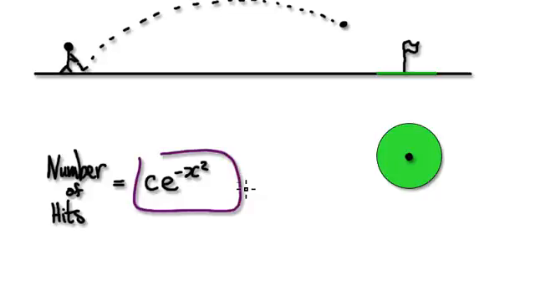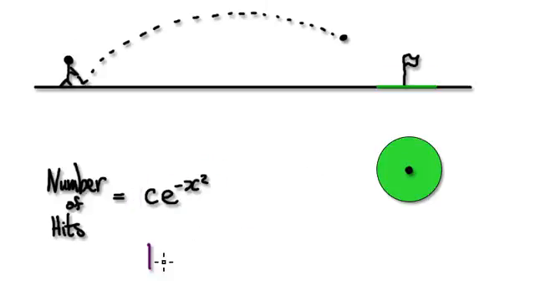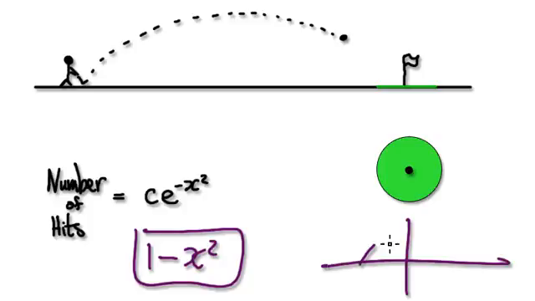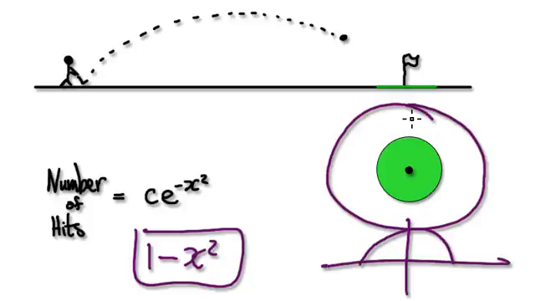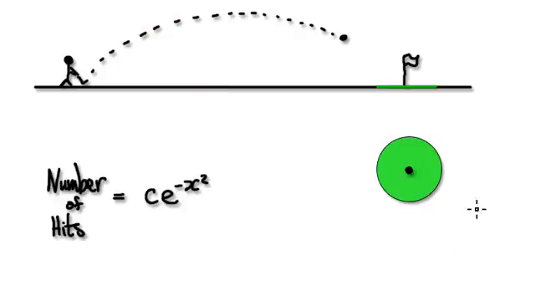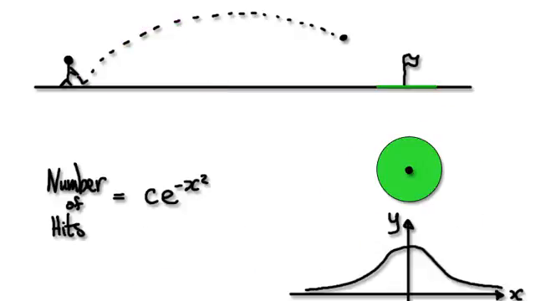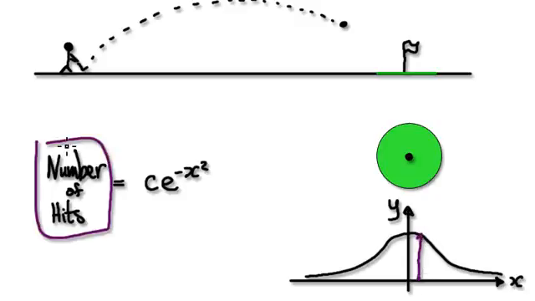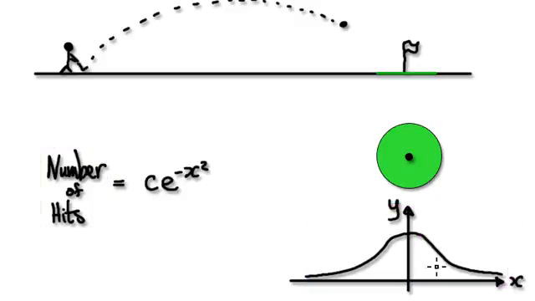This 1 minus x squared model here is just rubbish. It's forcing you to land within this region here. It doesn't take into account that it might land around here. But the important point in the last video is that the height here represents the number of hits, the frequency, or you can think of it as a histogram.